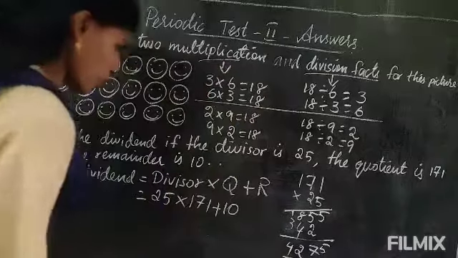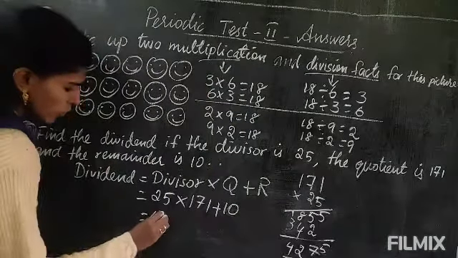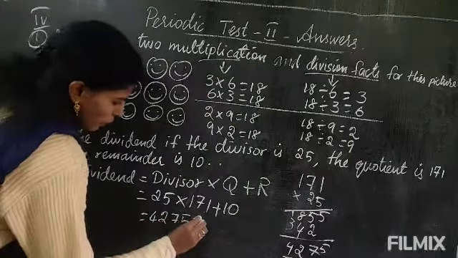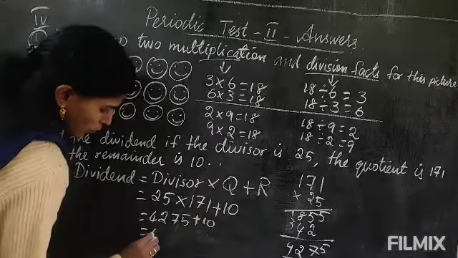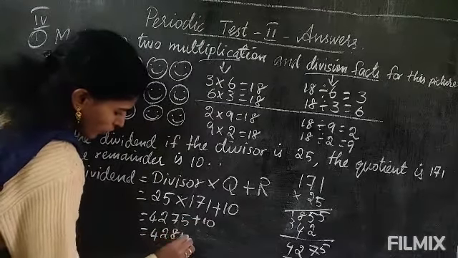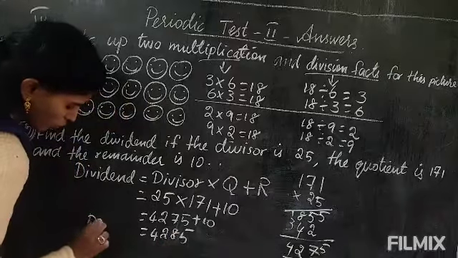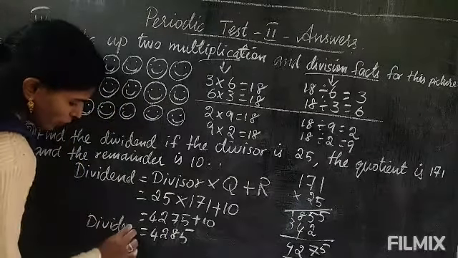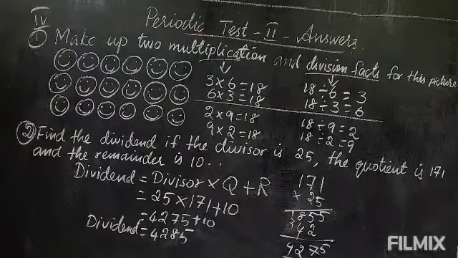Now 4,275 plus 10 is 4,285. So the dividend is 4,285. This is the answer. This is the way you have to write the calculation there.